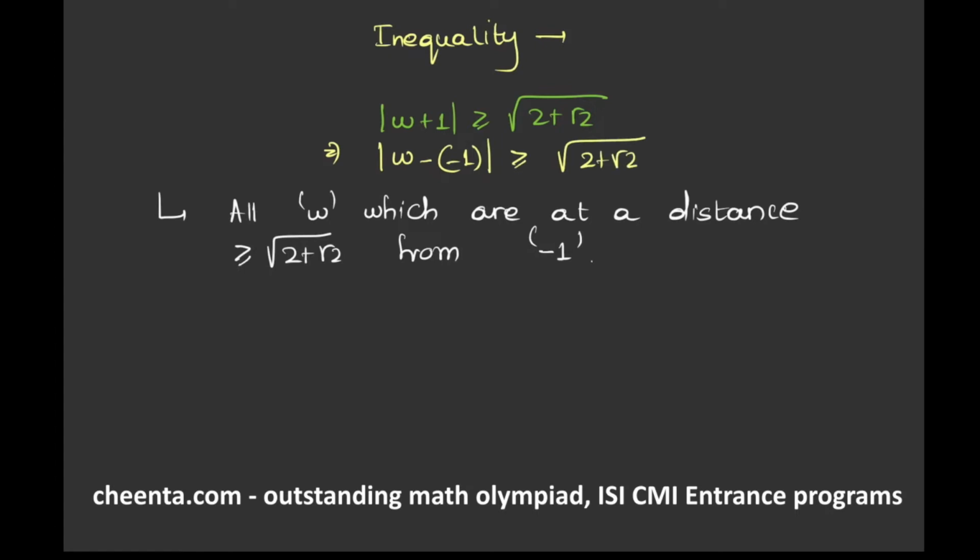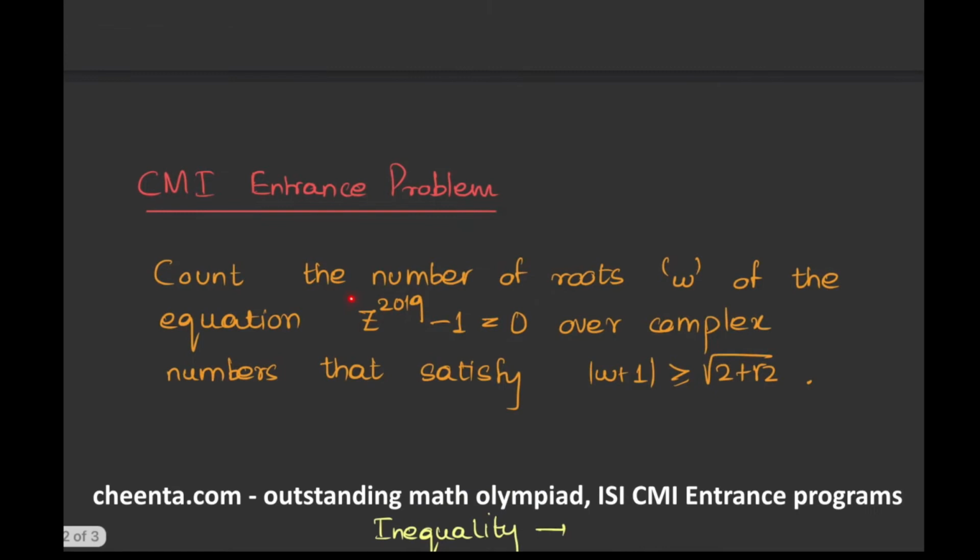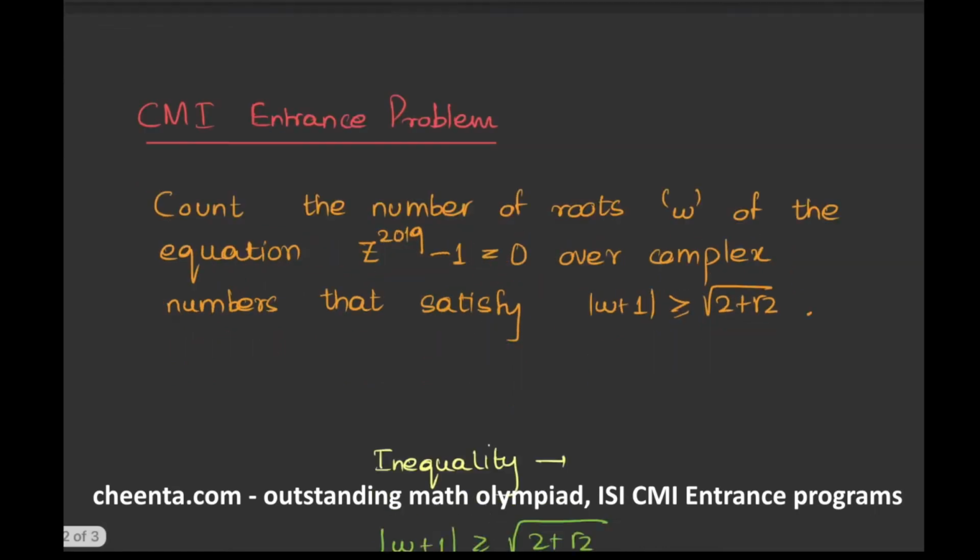So it's essentially asking for all those points which are at a distance of greater than 2 plus root 2 from minus 1. And the problem itself is asking for all those points which also satisfy this given equation z to the power 2019 minus 1 equals 0.